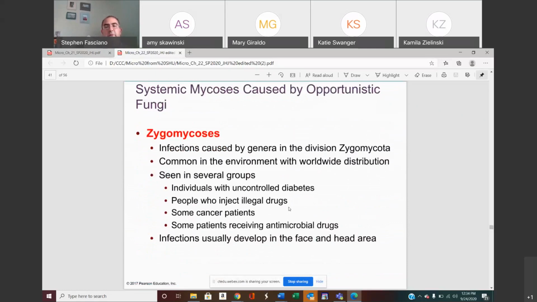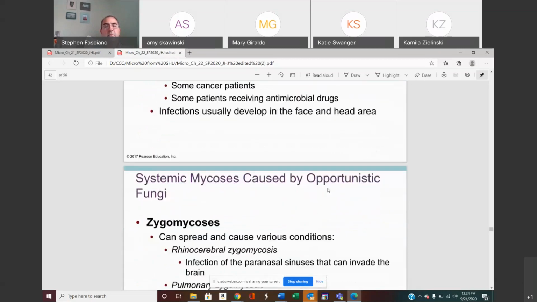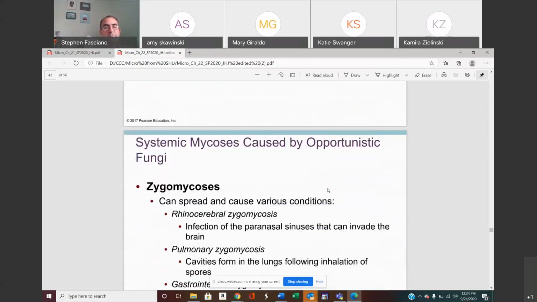Other opportunistic fungal infections, zygomycoses, common all over the world. They are commonly seen in people with uncontrolled diabetes, people who inject illegal drugs, some cancer patients, and some patients receiving antimicrobials. Usually develops in the face and the hand. Again, these people have weakened immune systems.